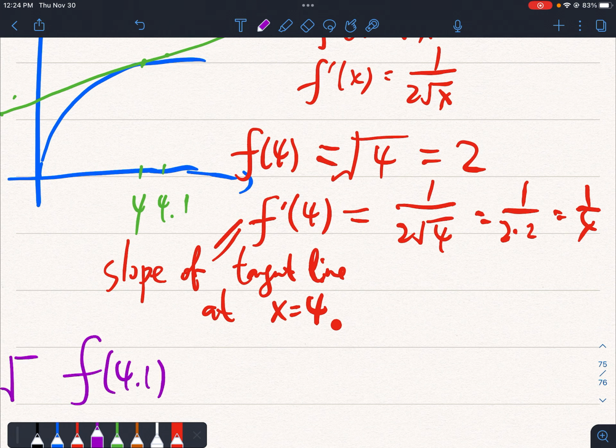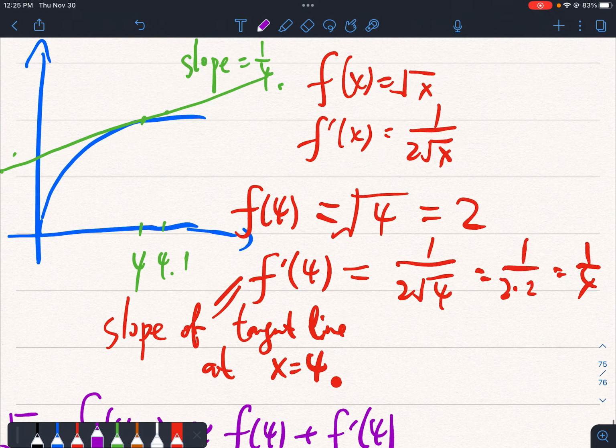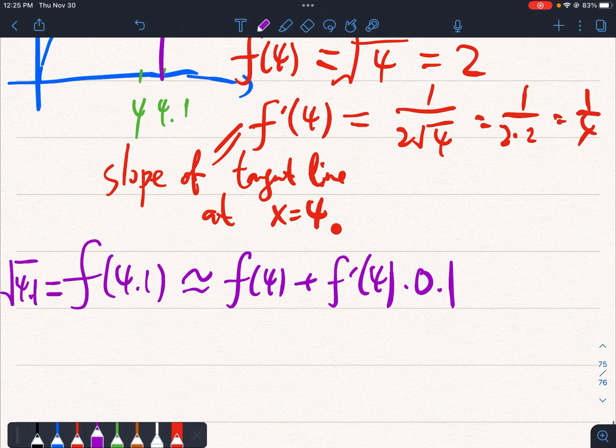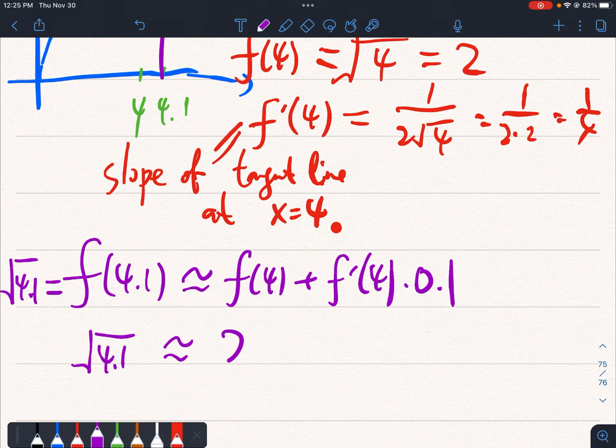Then by the linear approximation, f of 4.1, which is square root of 4.1, should be approximately f of 4 plus f prime of 4 times this distance, which is 0.1.